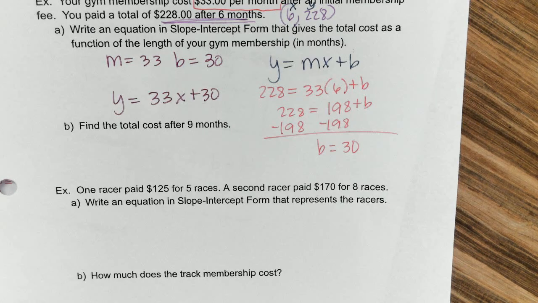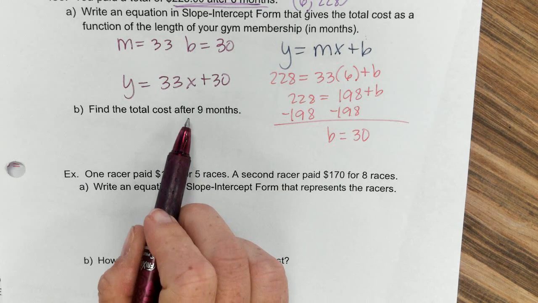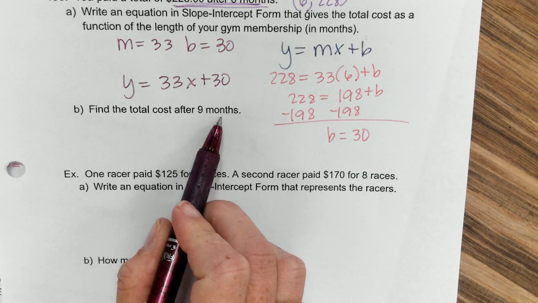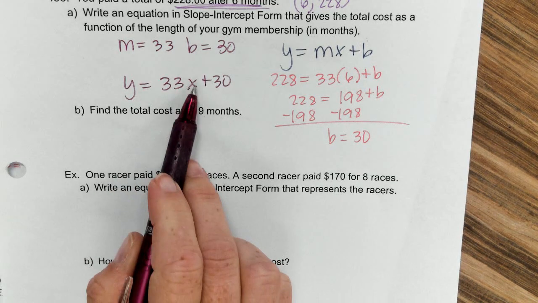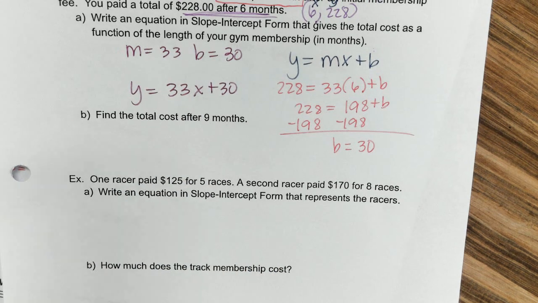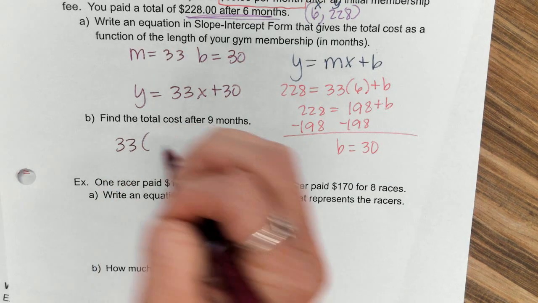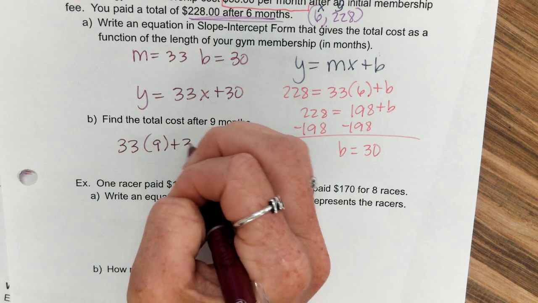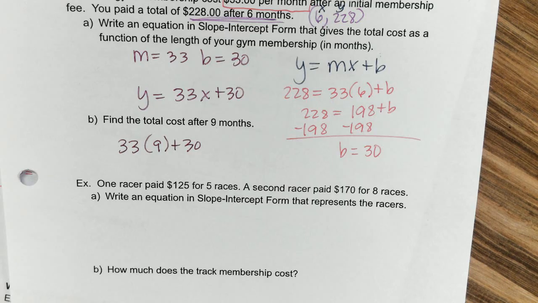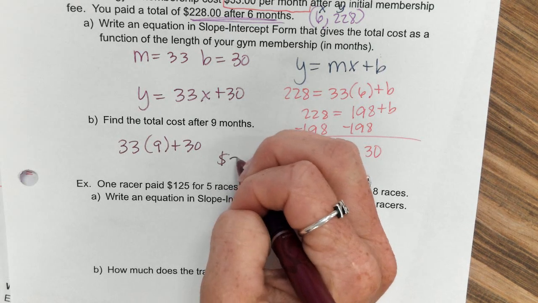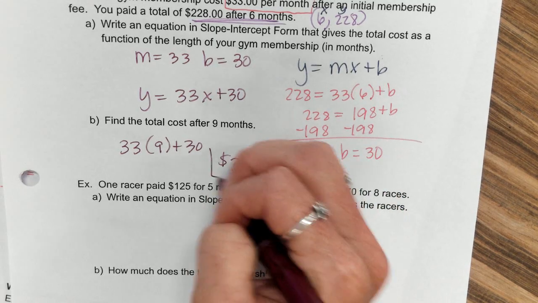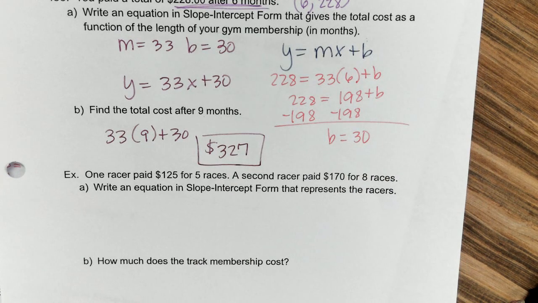It now wants you to find the total cost after 9 months. So what would you plug 9 in for? X. So I would do 33 times 9 plus 30. How much would it cost? $327 I would have paid for my gym membership for 9 months.